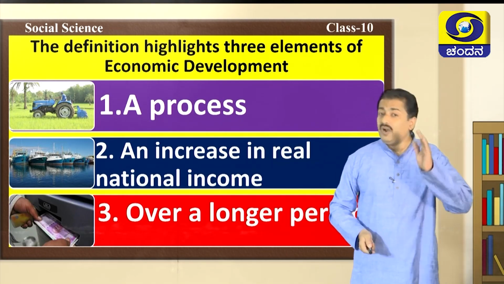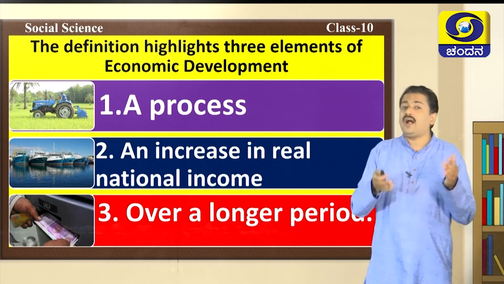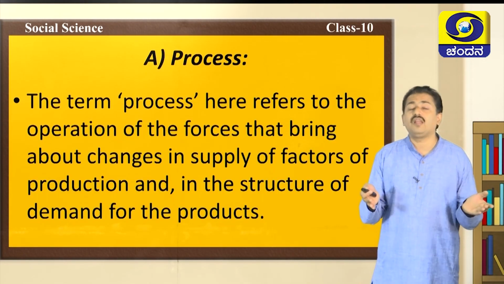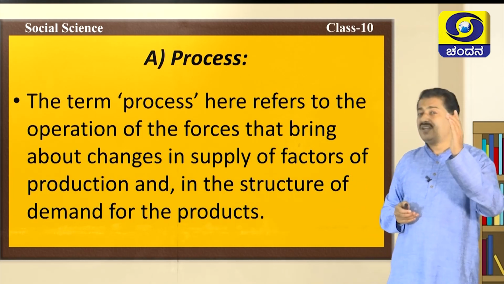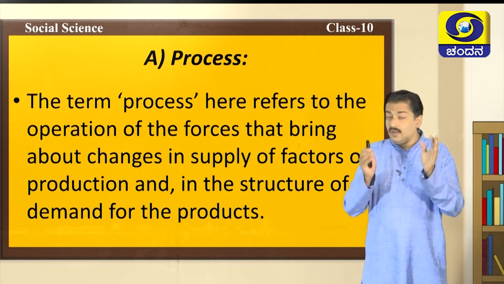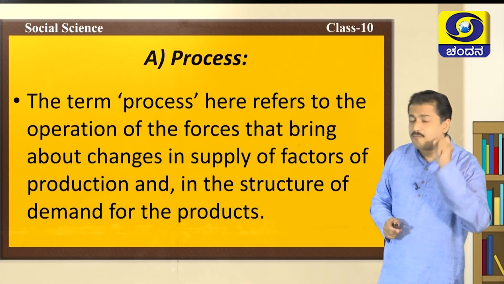Let us see what is process, what is an increase in real national income and what is over a long period of time. First of all, let us understand what is a process here. The term process here refers to the operation of the forces that bring about changes in supply of factors of production. Dear students, what is factor of production?